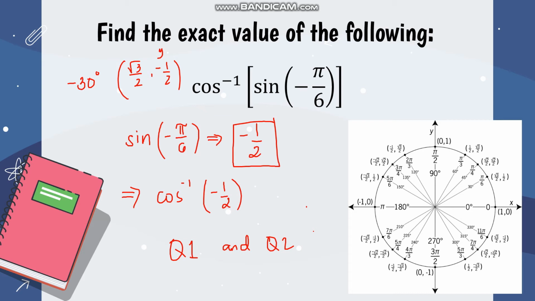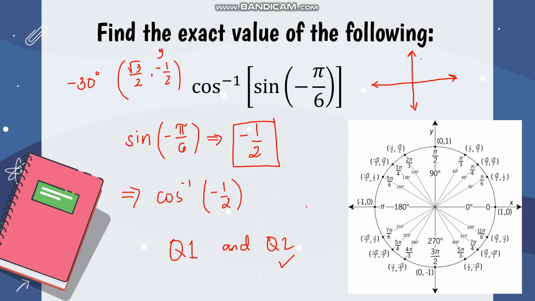Since the cosine of the angle is negative 1/2, that means our angle is in quadrant 2, because all of the angles in quadrant 1 will give us a positive trigonometric value. So that's what we know. The angle that we're looking for here is in quadrant 2. So how are we going to identify which angle in quadrant 2 will give us a cosine which is negative 1/2?